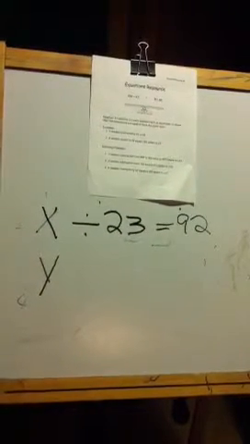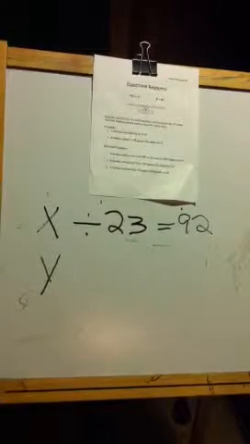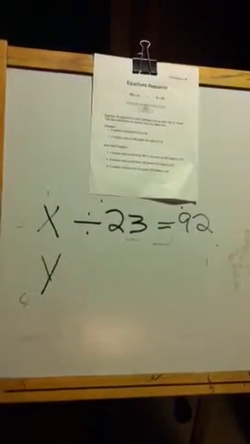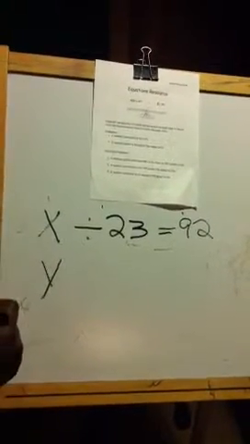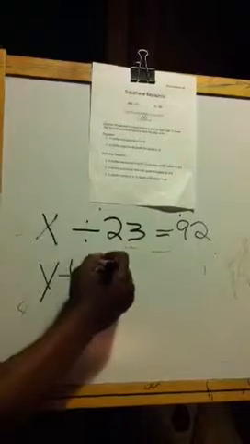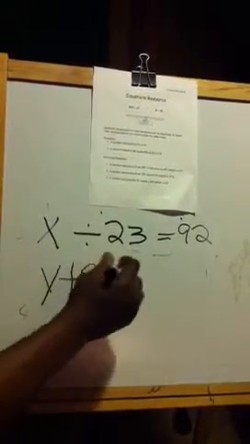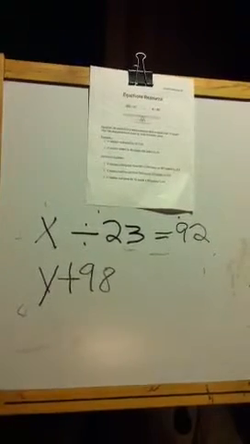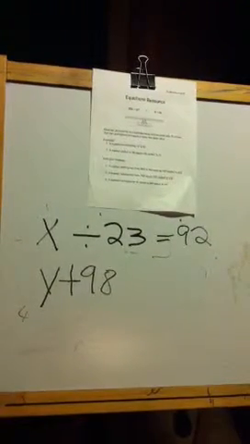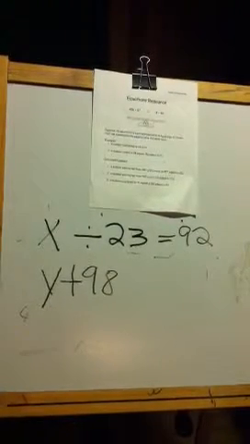Next, we will add 98 to the unknown number. Plus 98. Now let's consider the next part of the equation.